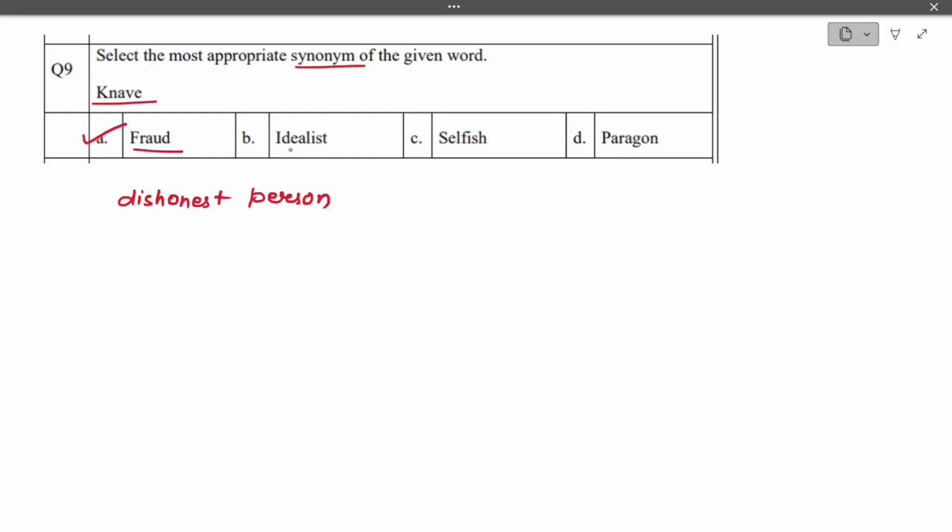Just to give you an idea about the meanings of the other words, idealist is someone who is having high ideals. So this is a positive word basically. And selfish, we all know, someone very concerned with their own interest.